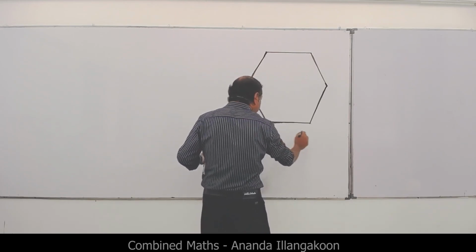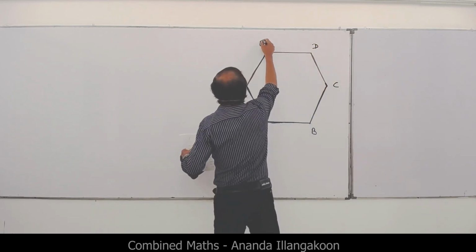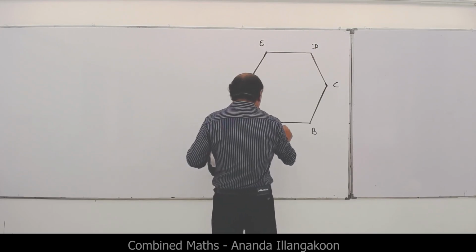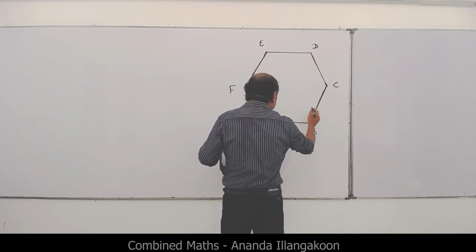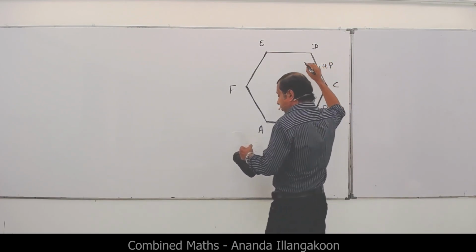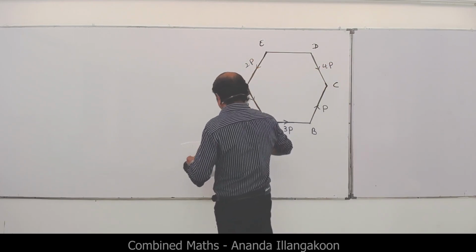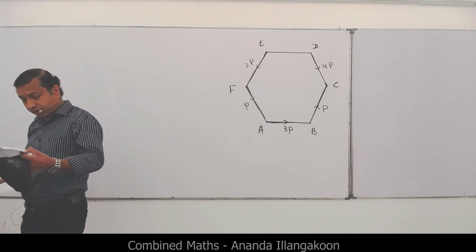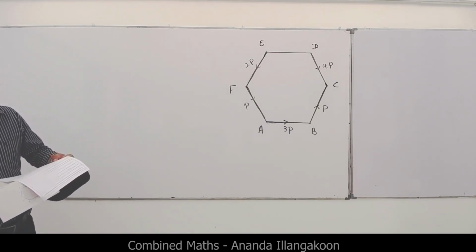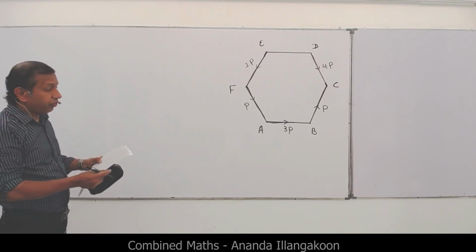Here A, B, C, D, E, F. The forces act as 3P, P, this way 4P, and 2P here and P here. These are the forces. So there are 5 forces: AB, BC, DC, EF and FA. Now we'll resolve the forces horizontally rightward.